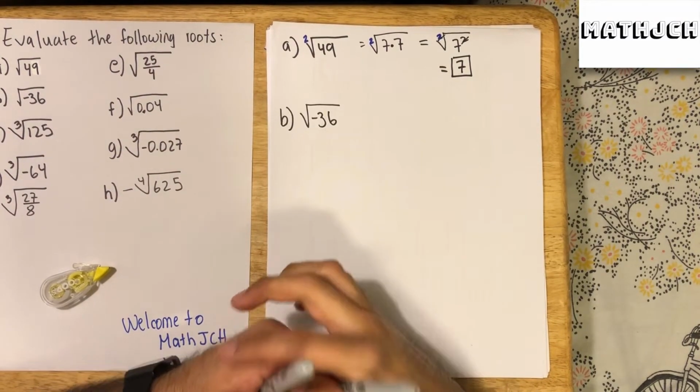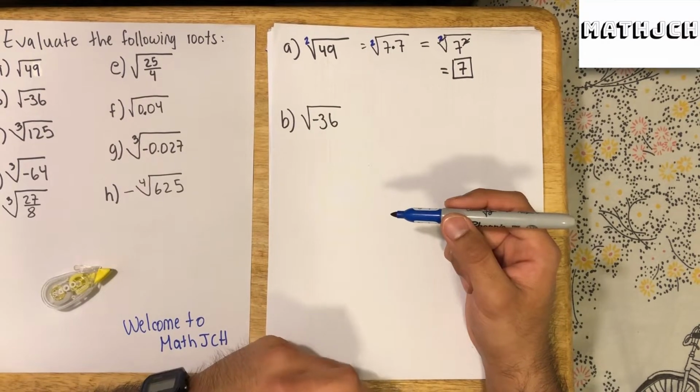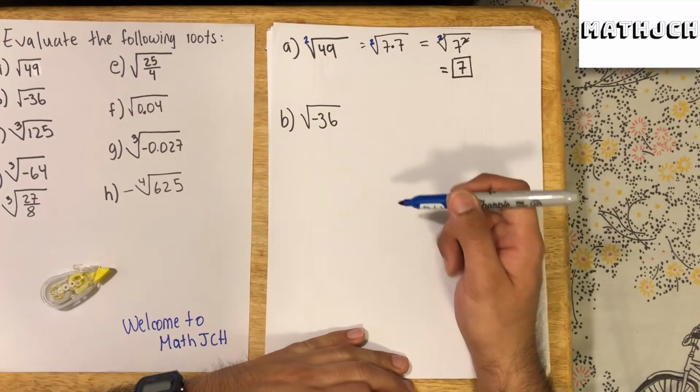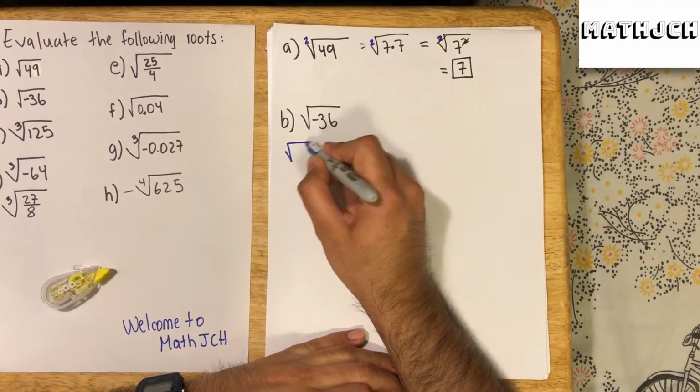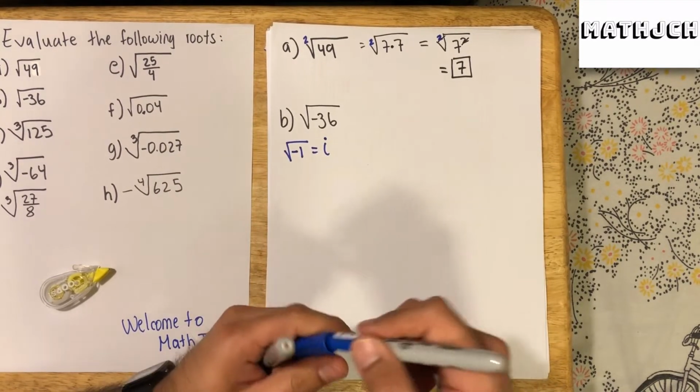For the next problem, we have the square root of a negative number now. For this problem, it's important to know the definition that the square root of negative 1 is equal to an imaginary number.